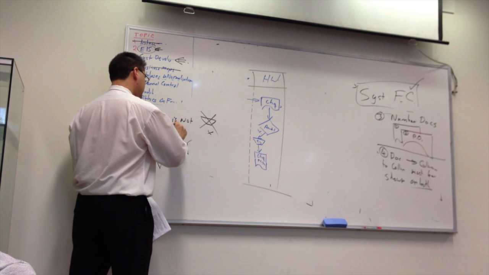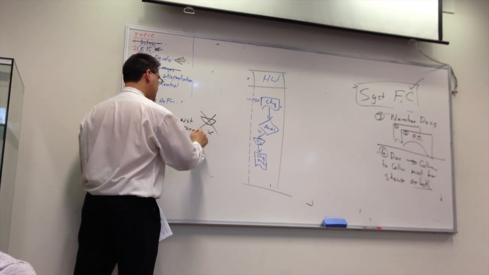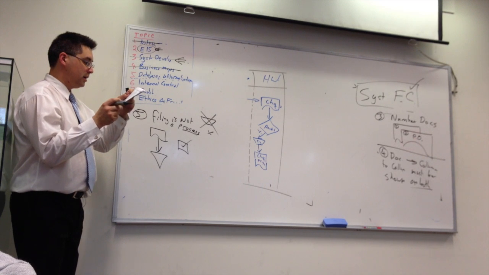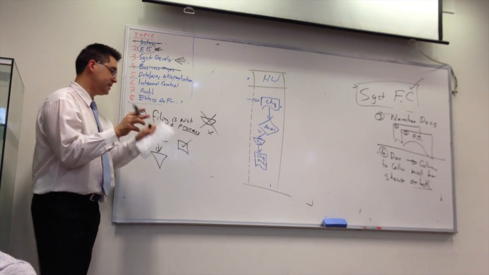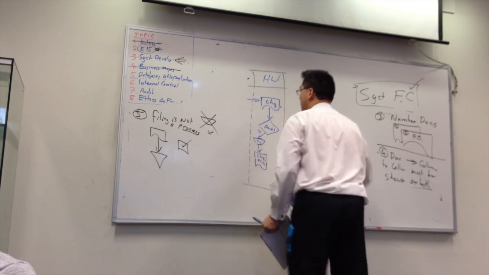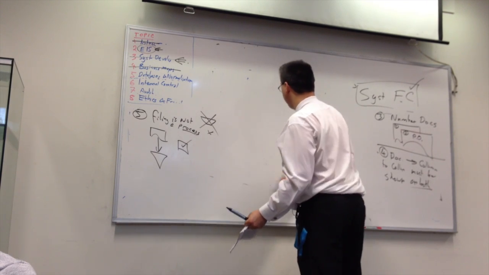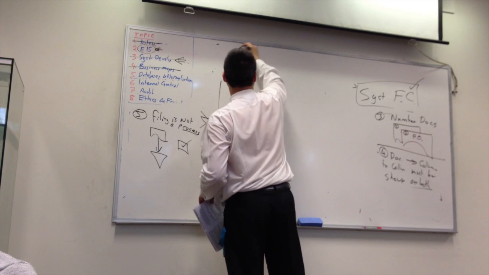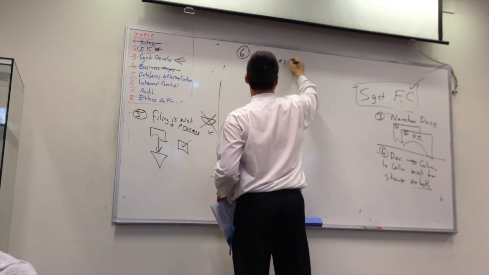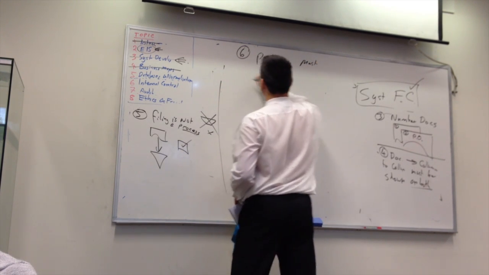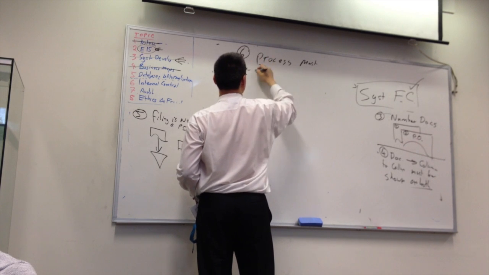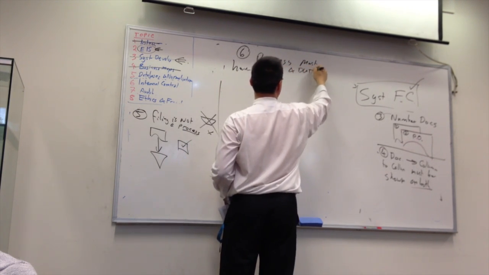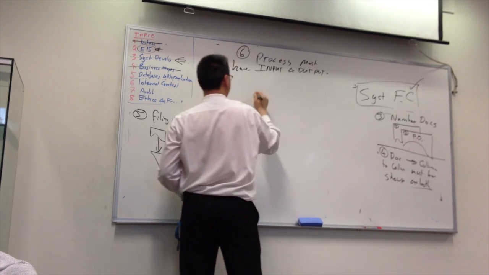Filing is not a process. A process needs an input and an output. A process must have input and output.